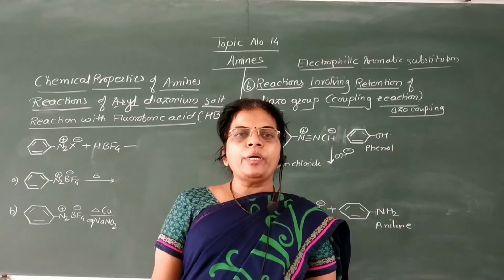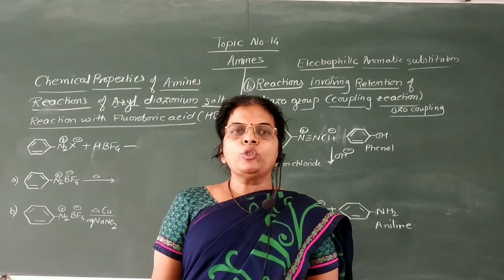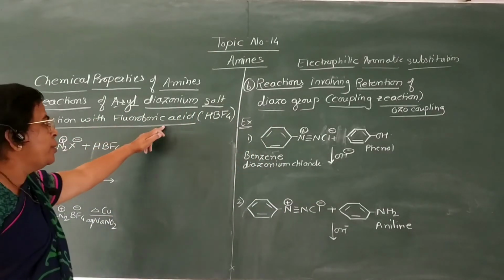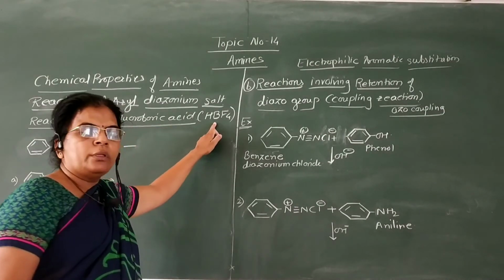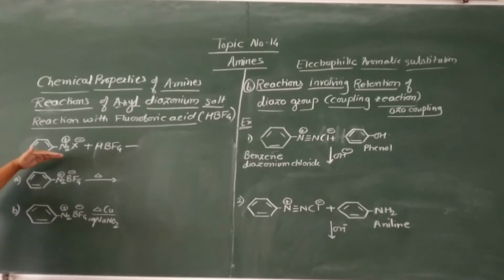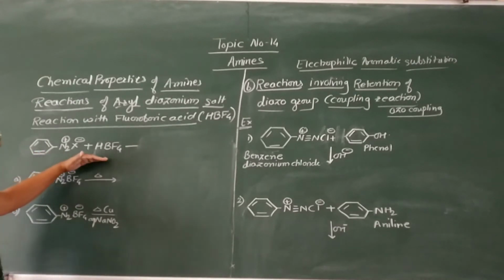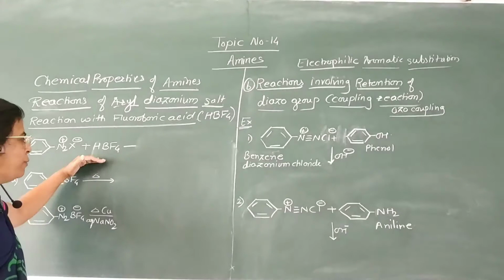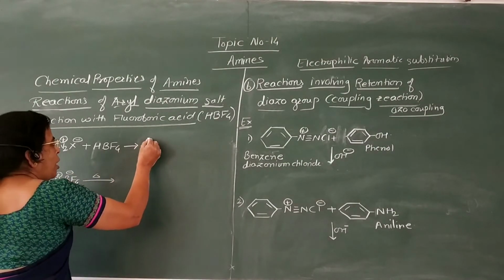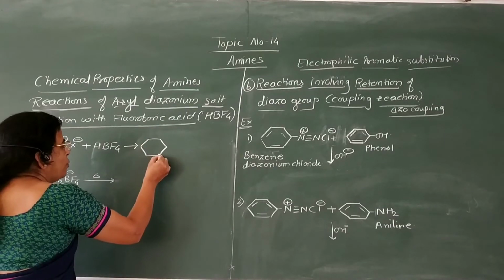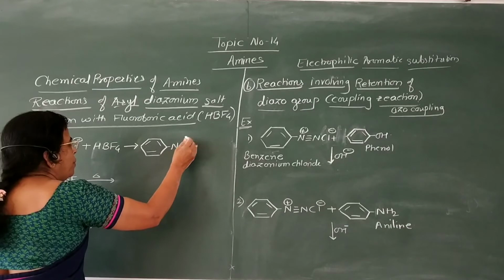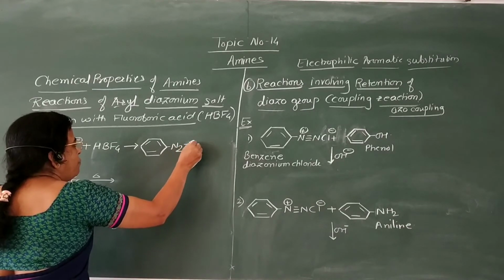Next chemical property of this aryl diazonium halide is reaction with fluoroboric acid, that is HBF4. This is fluoroboric acid. Now here this aryl diazonium halide, when it is treated with HBF4 or fluoroboric acid, then formation of aryl diazonium fluoroborate takes place, that is N2BF4.